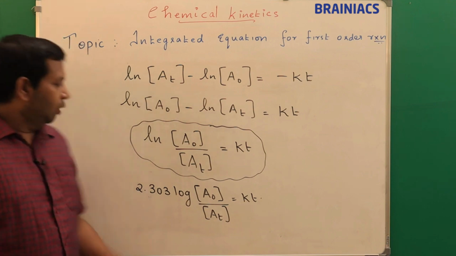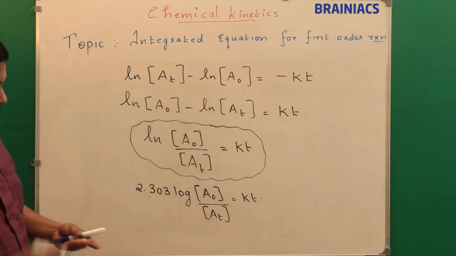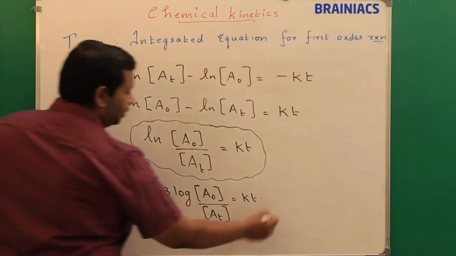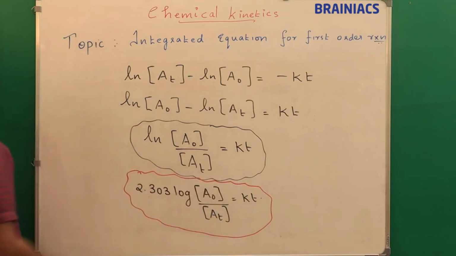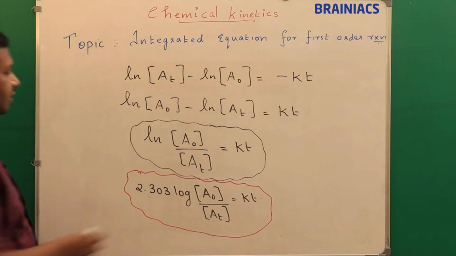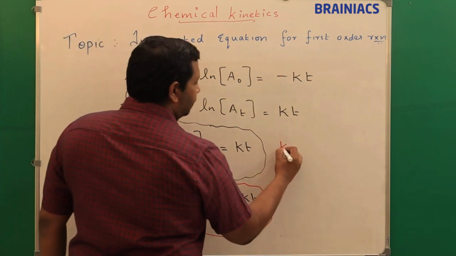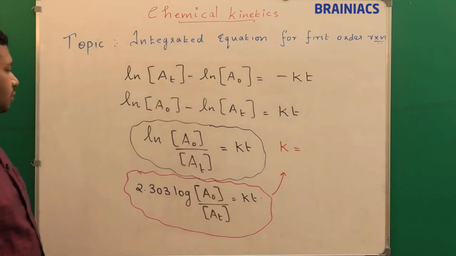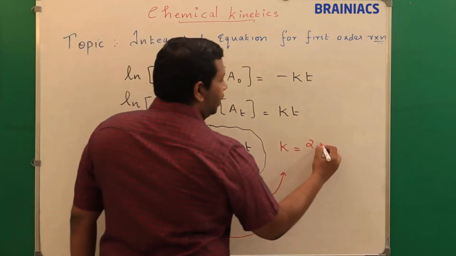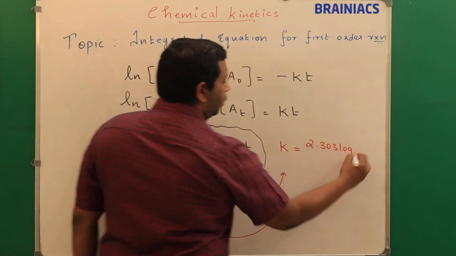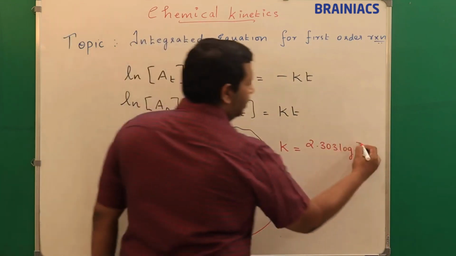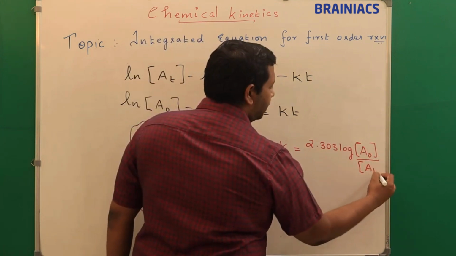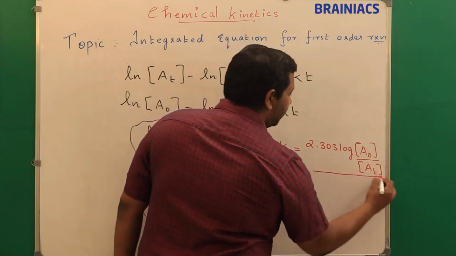Okay. Now from this, what is the equation? Okay, I can put this in red. Please remember these two equations. Okay. Now from this, what is the rate constant k? How can you write rate constant k? Rate constant k is equal to 2.303 log a0 by a of t divided by time t.